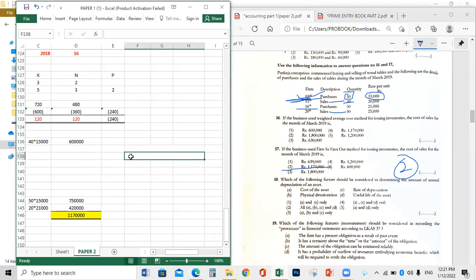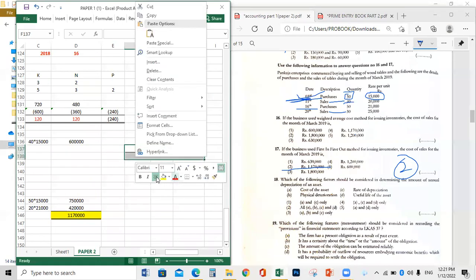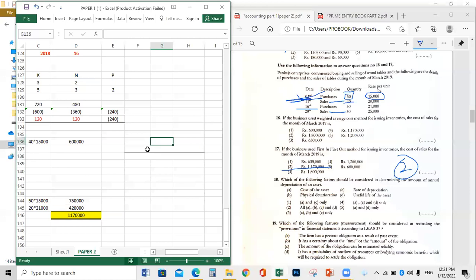Guys, see here, this is how we find the weighted average price. We take the value at the issuing date divided by the quantity. Now, you're issuing on 20th March. To find the value, you take the quantity, that is 10 units, multiplied by the price, 15,000.